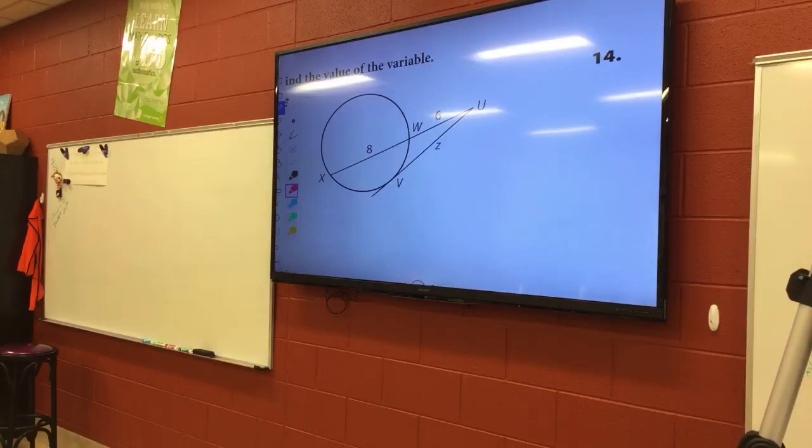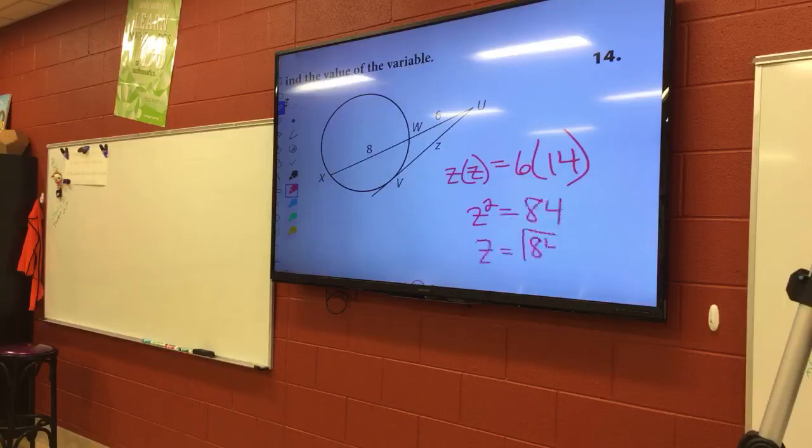But it's simply outside times the whole equals outside times the whole. So z squared equals 84. z equals the square root of 84. Okay? Any other questions?